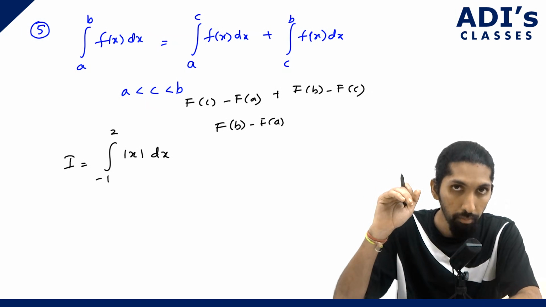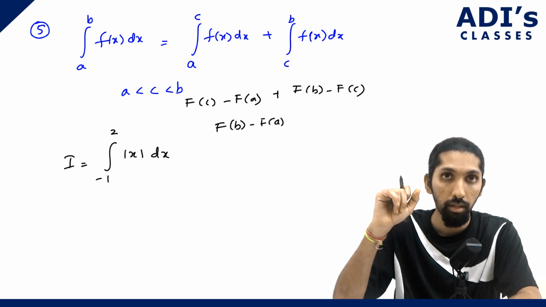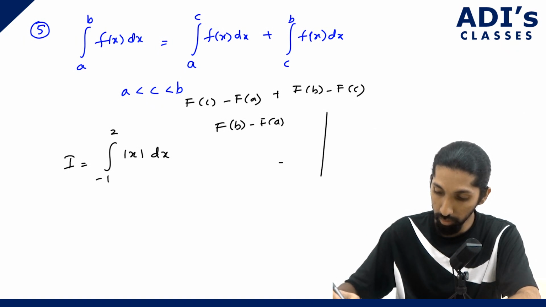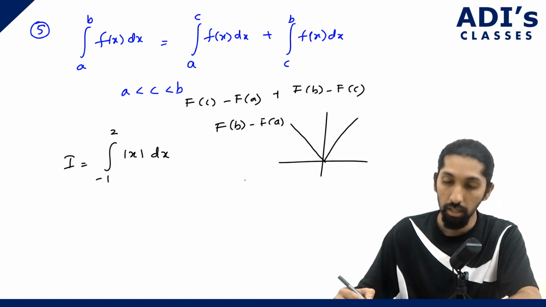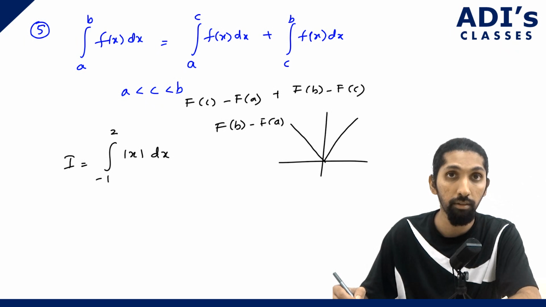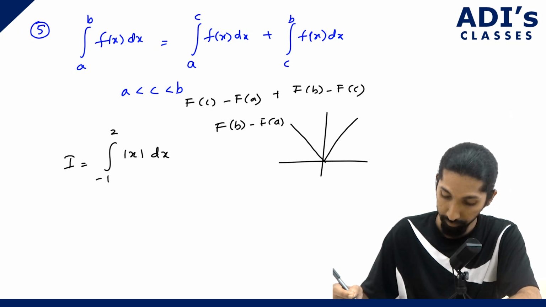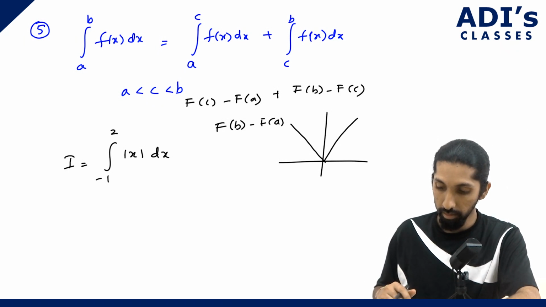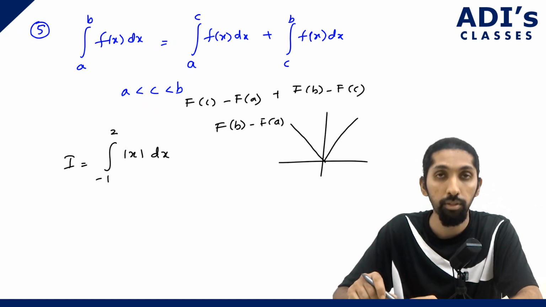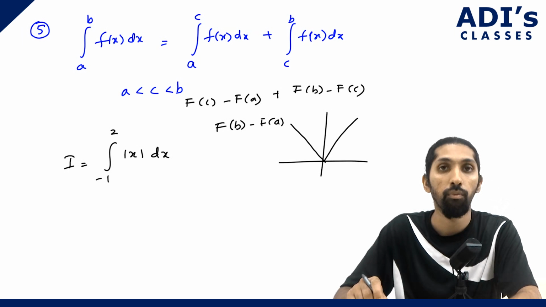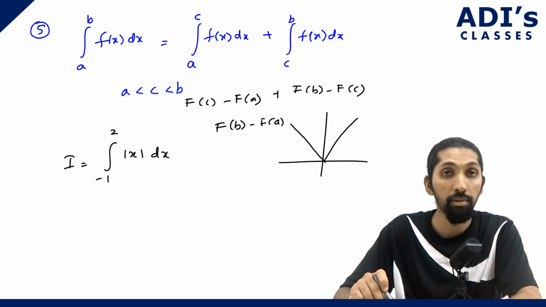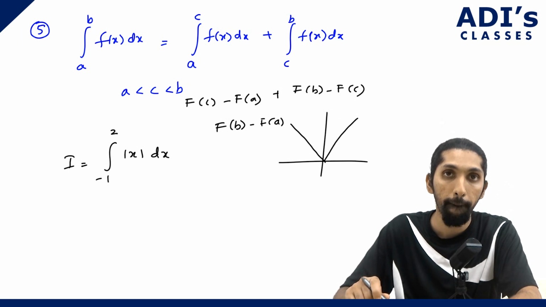If you remember, the modulus function goes like a V. There is no negative term whatsoever. Even if you take x as negative, y is still positive, correct? But how do I differentiate minus 1 and plus 1 for the value of x? Because the y value is not going to differentiate, isn't it? Mod of minus 1 is the same as mod of 1. Both are one and the same.